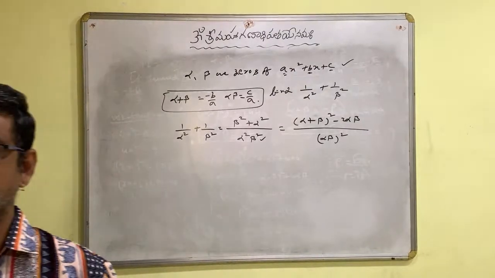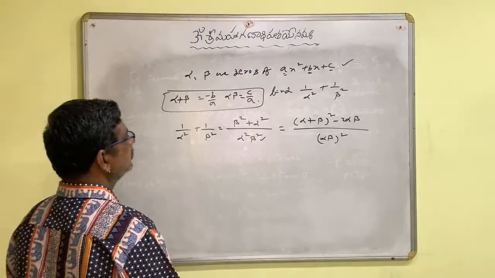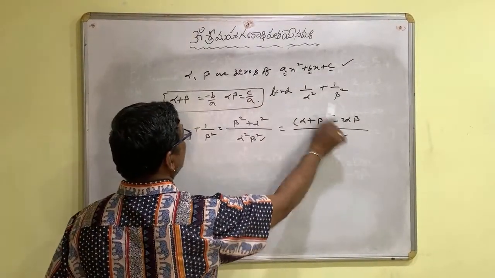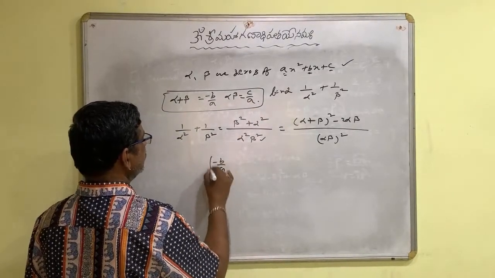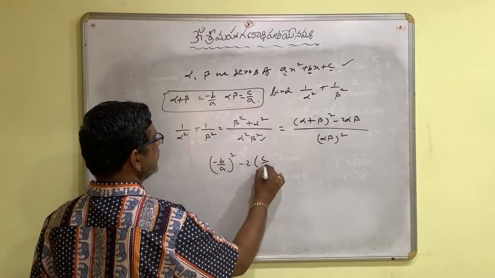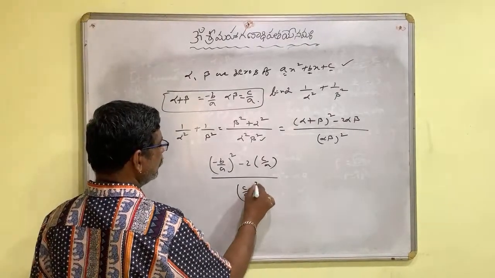Good. Now substitute the values. Alpha plus beta is minus b by a, alpha beta is c by a. Substitute: minus b by a whole square minus 2 into c by a, divided by c by a whole square.